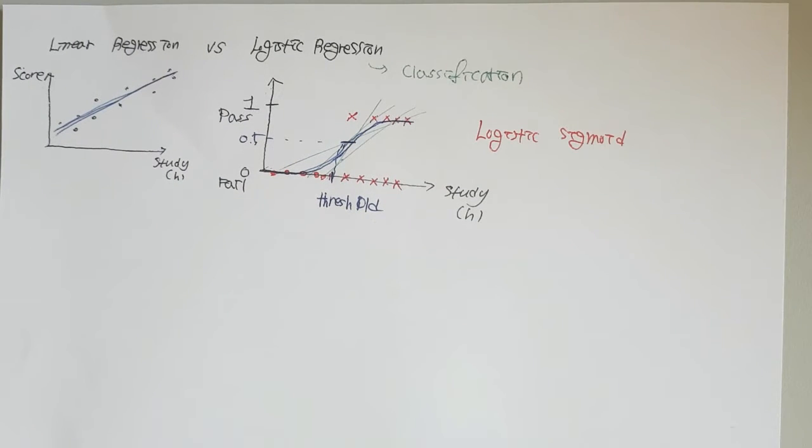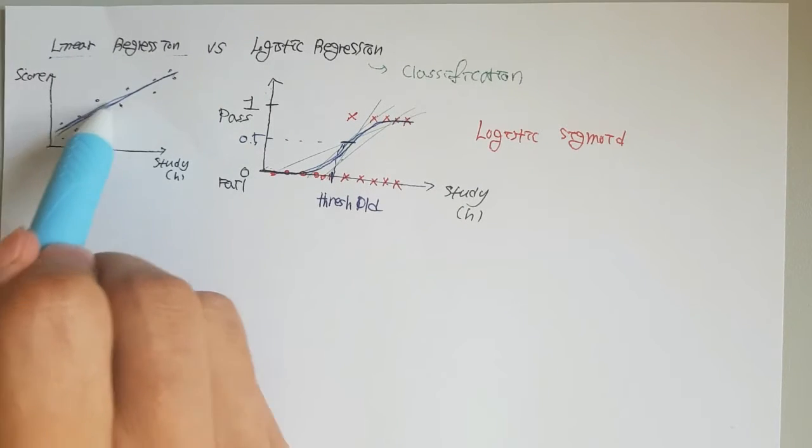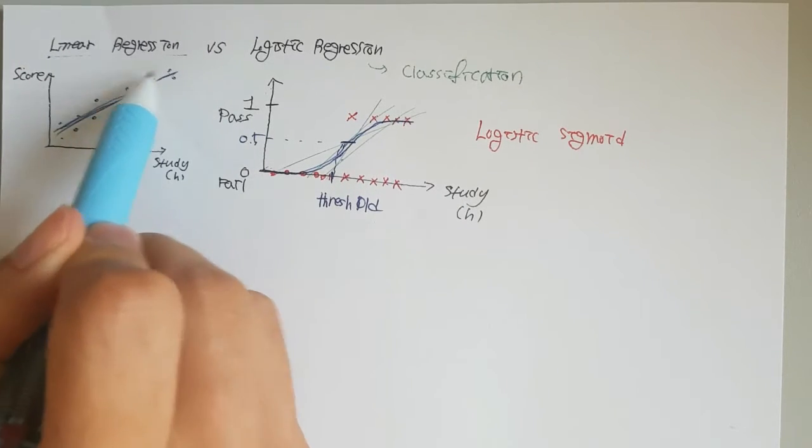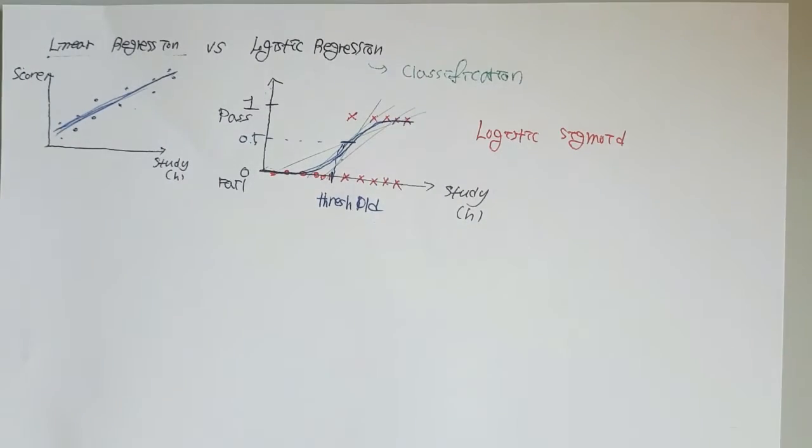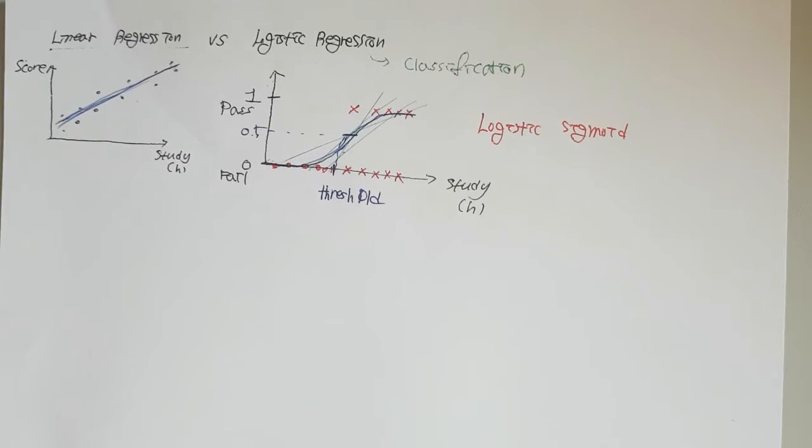So in summary, linear regression is to represent with lines and data points, and logistic regression is for classifying the binary case.